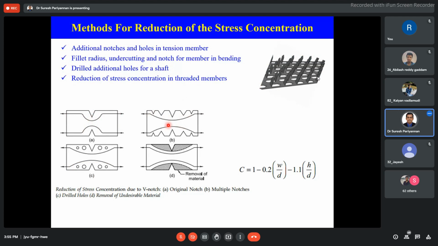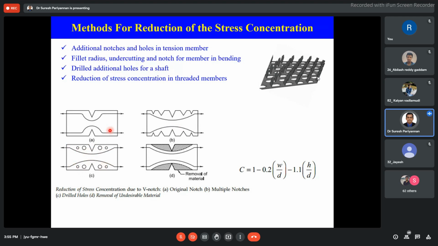Okay, see here figure C. Instead of notches, if you use small holes in the proper order, a small hole here, maybe a small hole, next a bigger hole, next a very big hole, in such a way that they designed it, they might have tested it, then they came to this conclusion. If we are using multiple holes, the stress lines are much smoother as compared to the previous cases.